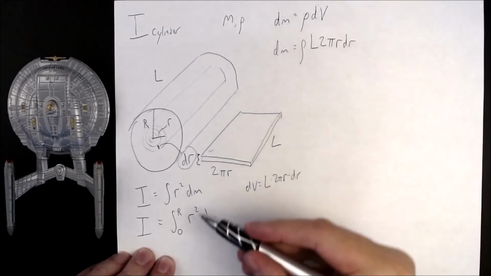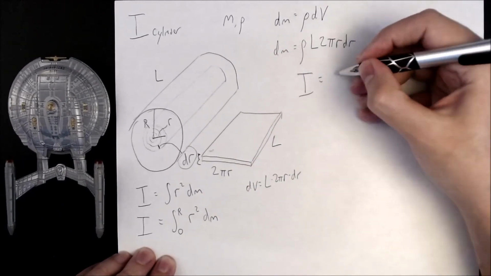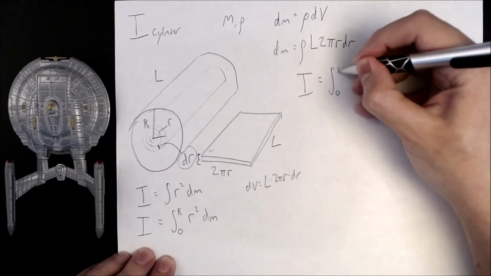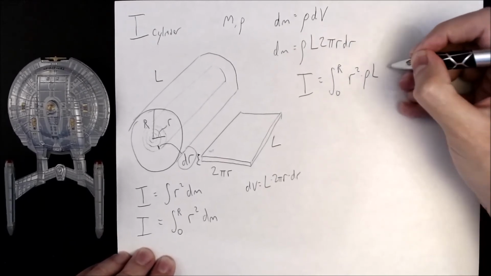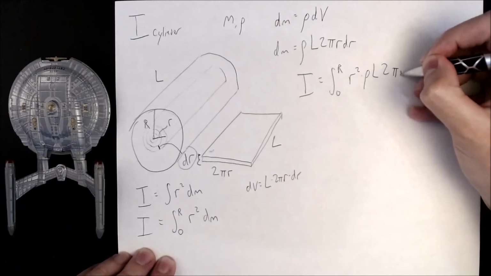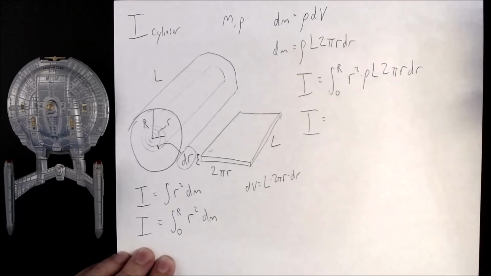We can plug that dm back in there, getting us that I is equal to the integral from 0 to r of r squared times rho L 2 pi r dr. Let's clean this up and take out everything that is not dependent on r.